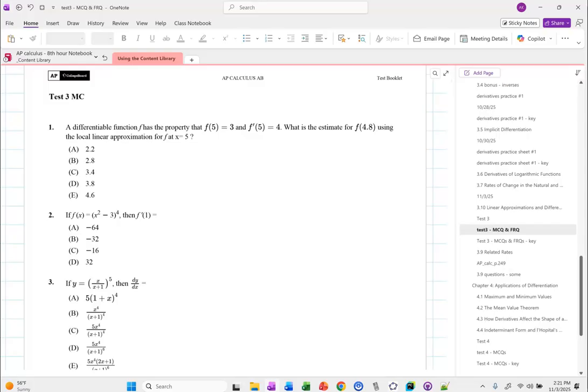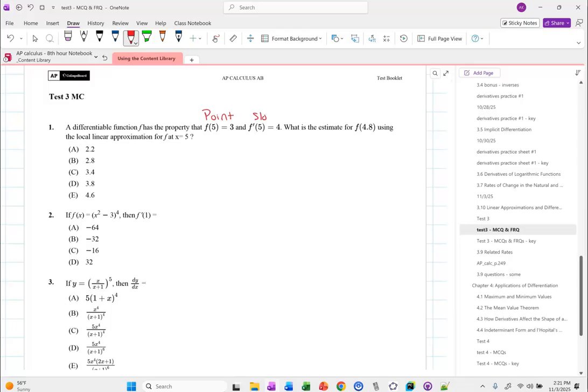What is the estimate for f of 4.8 using the local linear approximation for f at x equals 5? It's given us a point, (5, 3), and a slope, 4.